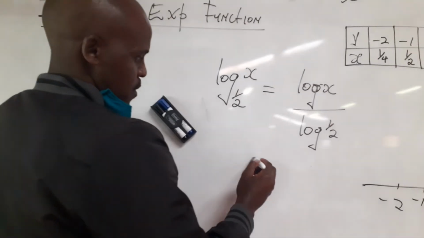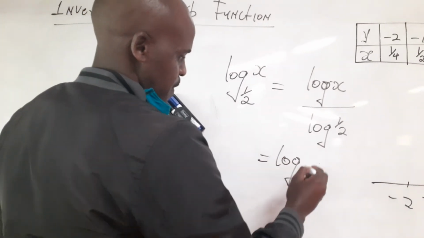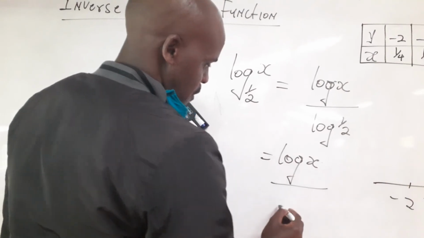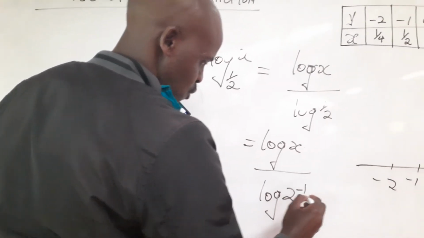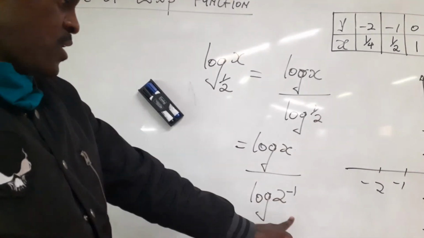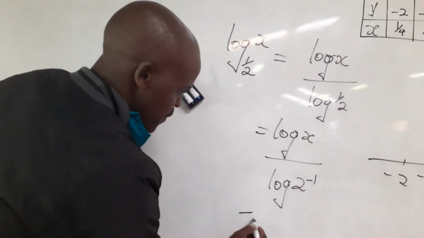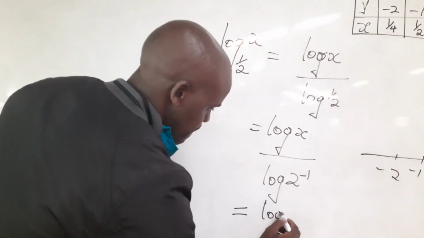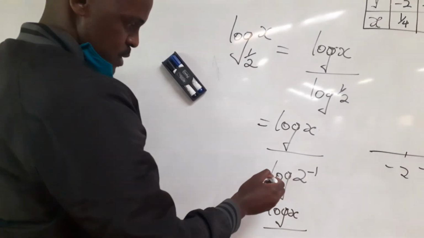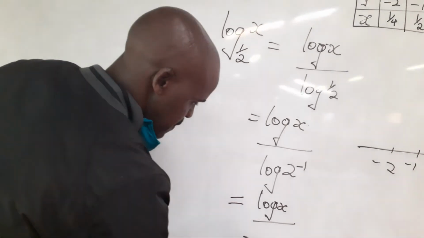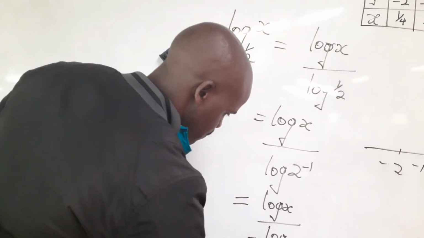So log x over log 2 exponent minus 1. We are changing that as that. So this is the same as log x over negative 1 times log 2. That would be negative log 2.